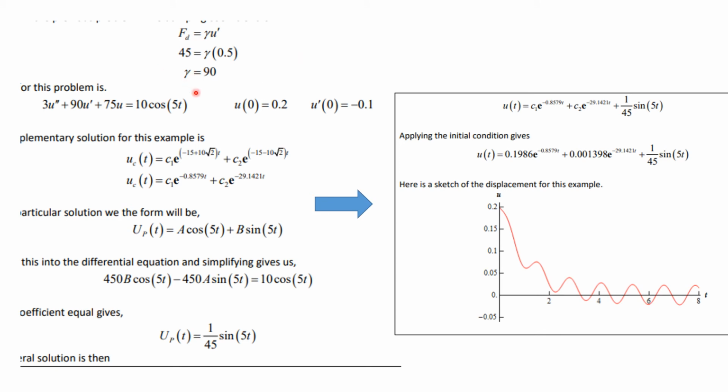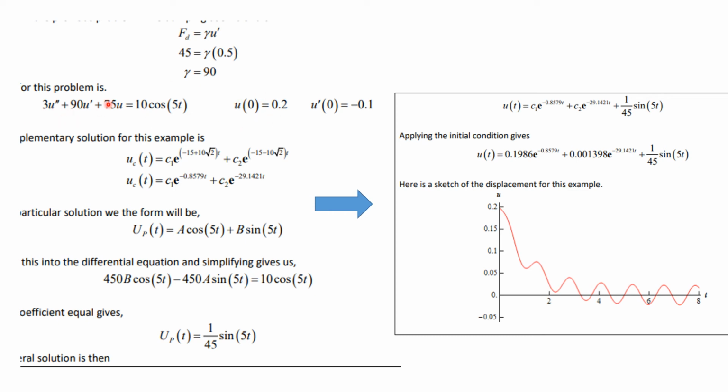Okay, you have to get the damping factor, and it's going to be 90, and it turns out 90 is a very significant number. If you look back on some of the problems we did, this system is heavily damped. And we then go through and set up our equation. We'll divide all the way through by 3, and we have this.